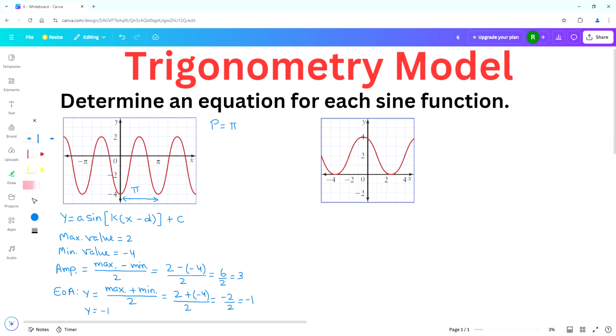Now we can find the values of A, K, D, and C. For the given graph, we can use positive sine function. So A value will be equal to the amplitude, which is equal to 3. We can calculate the K value using the formula for period.